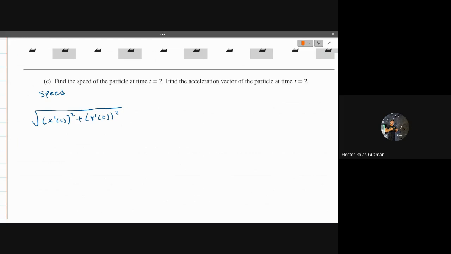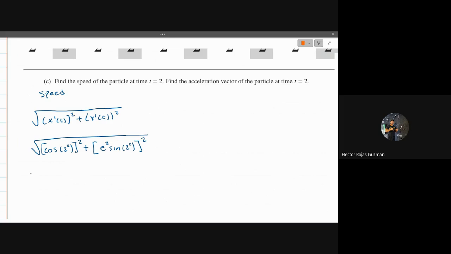And we're going to plug in the 2. So we already have the derivatives, right? So you're going to take your calculator and go ahead and plug in cosine of t squared. In other words, 2 squared. But don't forget to square that. Plus y prime. Y prime is e to the t, but plug in the 2, times sine of t squared. And all of that still has to be squared.